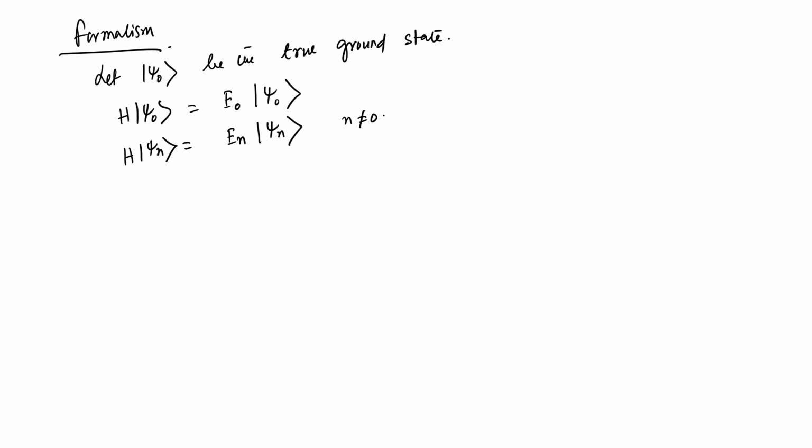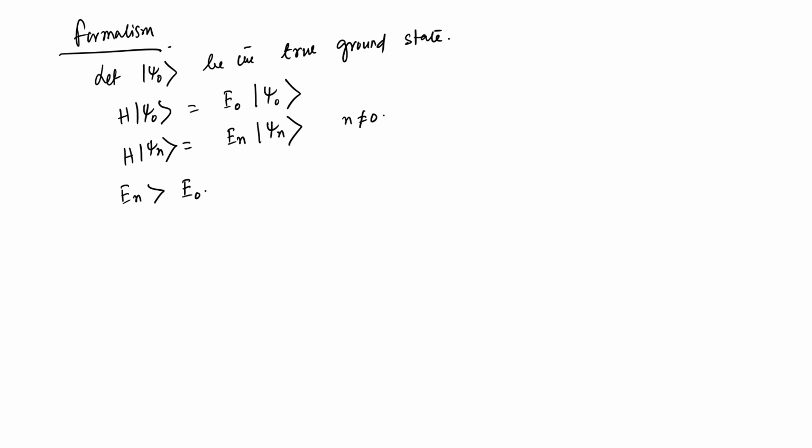So, the Hamiltonian acting on any state will return the energy of that state and will return the wave function itself. And it is very clear that E n is greater than E 0, because E 0 by definition is the ground state energy, which is the lowest energy of the system.